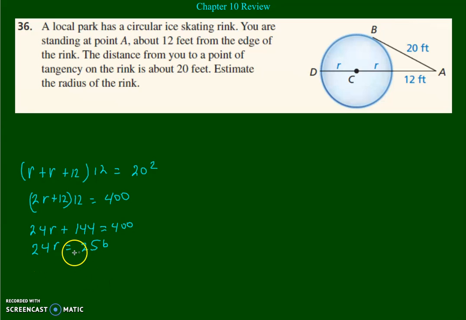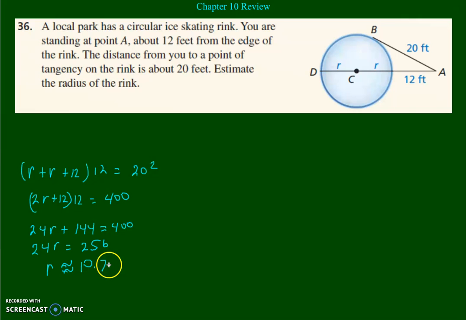We divide by 24. r equals about 10.7. It's 10.66 repeating, so this is approximately equal to 10.7. So that didn't turn out so horribly bad after all.